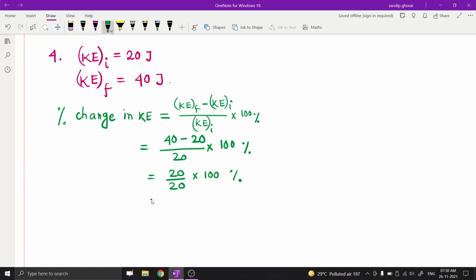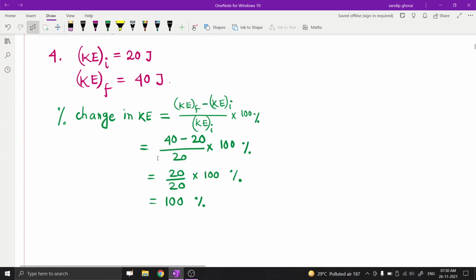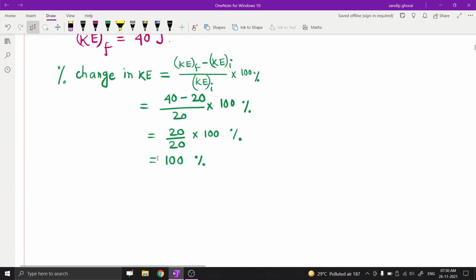So the final answer is 100%. Here the percentage change in kinetic energy is 100%. For this question we just use the percentage relation. All of you know how we find any percentage change; you already know that from your math.